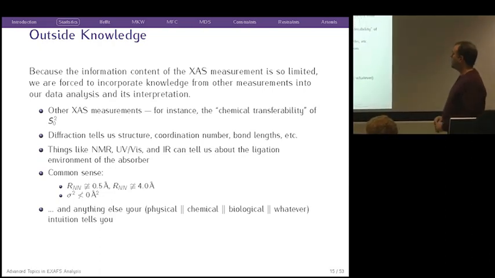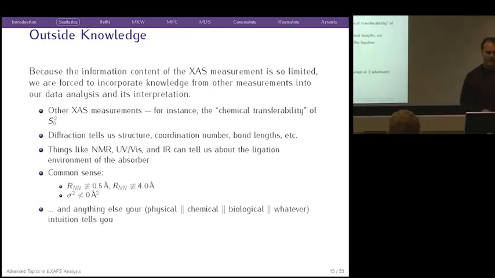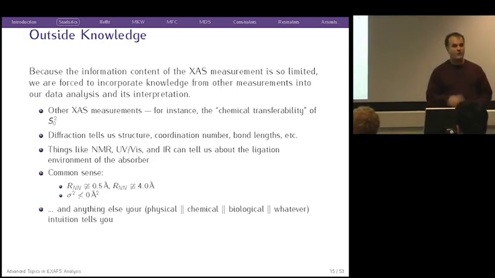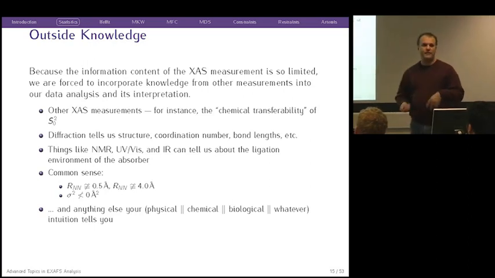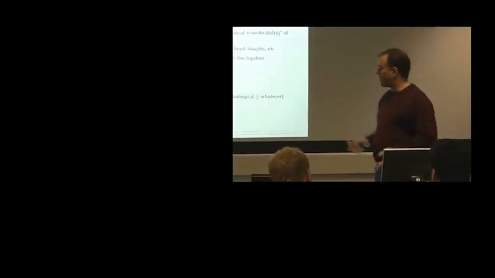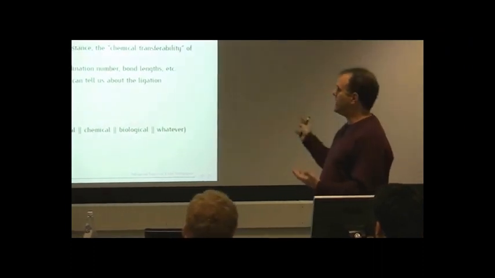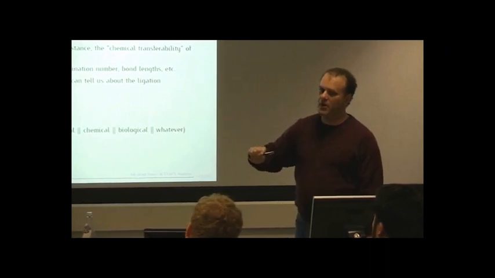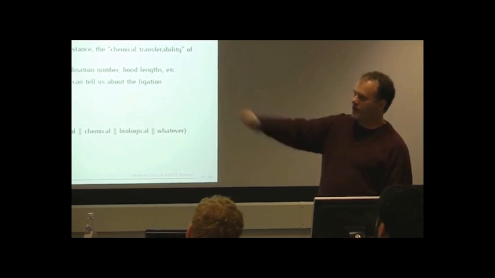Our outside knowledge could be as simple as another XAFS measurement, and the classic example of that is the assumption of chemical transferability of S0 squared, which I talked about with several of you, which is the concept that if you go to the beamline and say you're measuring a palladium catalyst that has some complicated thing going on, you first make a good measurement of the palladium foil, do the data analysis on the palladium foil for which you know the coordination number in the XAFS experiment, and the amplitude that you would extract from that analysis then you interpret as the S0 squared parameter in the XAFS equation.